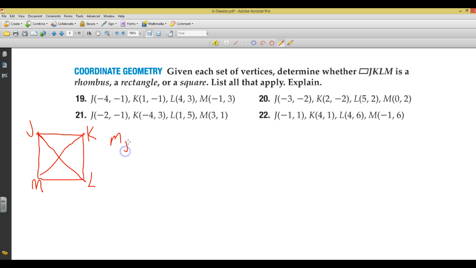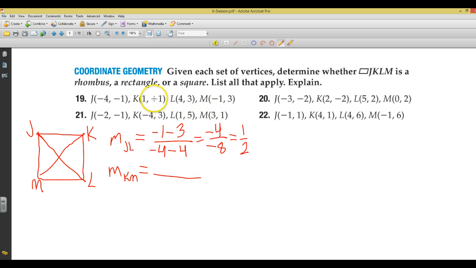So the slope of JL will be equal to my change in y, so that is -1 minus 3 over my change in x, -4 minus 4. And I get 1/2. Then I'm going to look at the slope of KM.